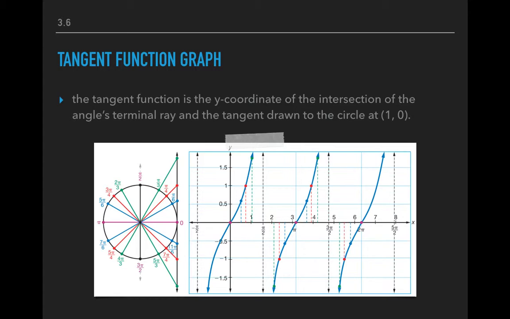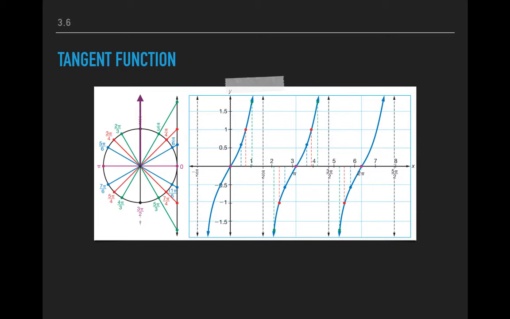Now, I want to make you aware of those dashed vertical lines. Let me go to the next slide here. I have highlighted for you in the unit circle the ray that would be going 90 degrees.